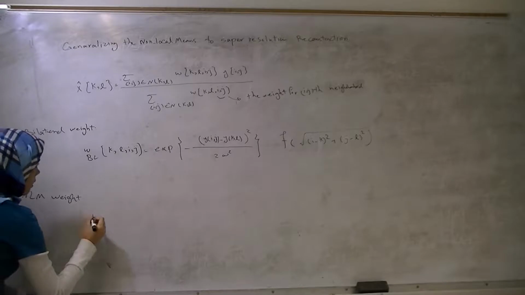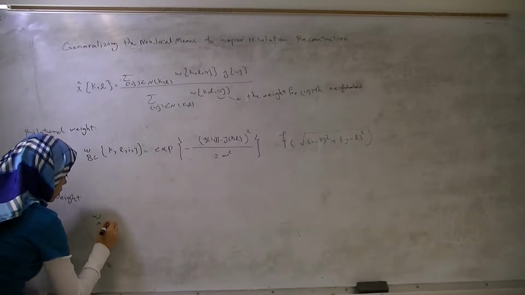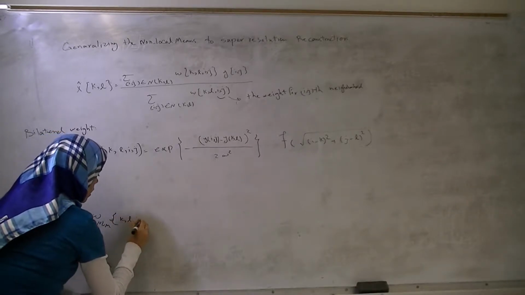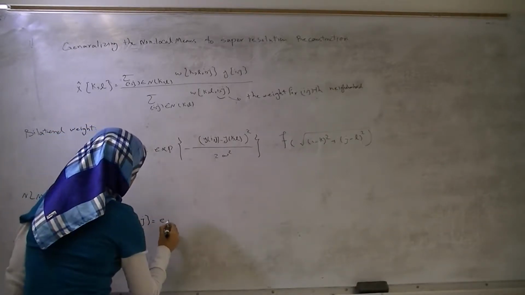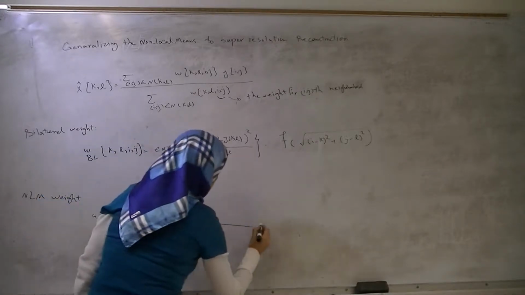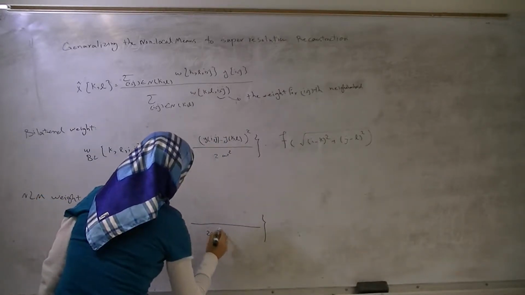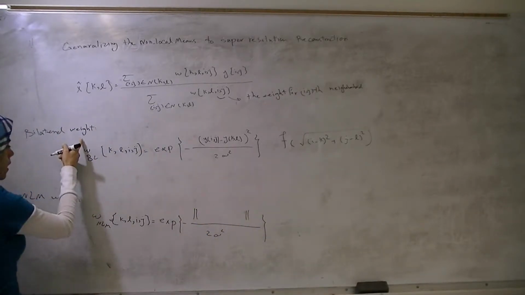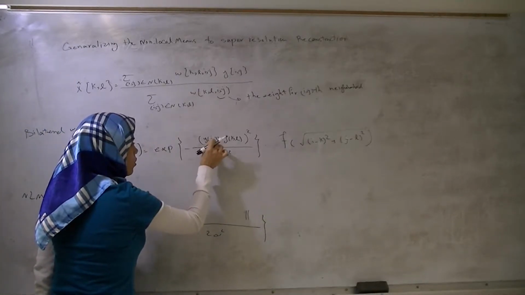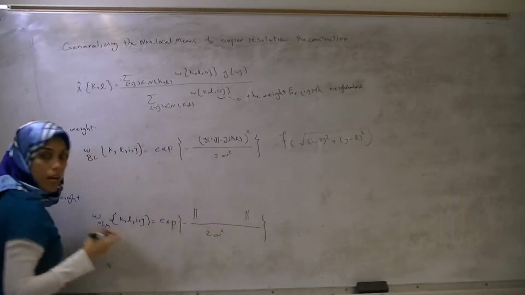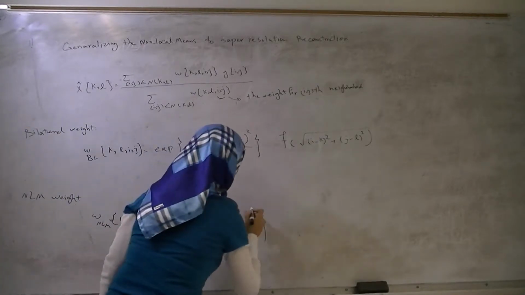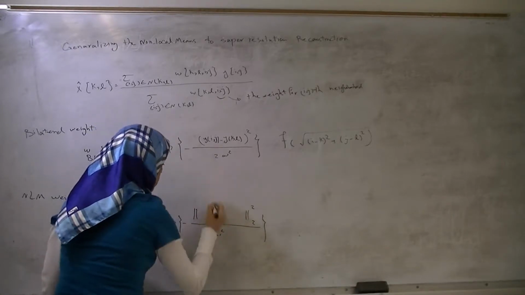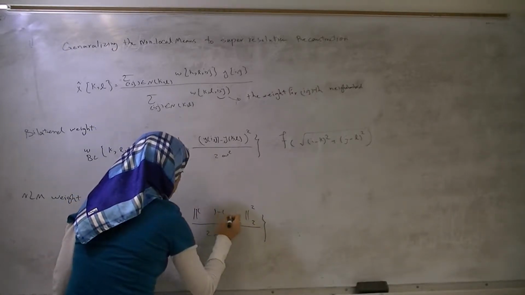For the NLM, it is similar to the bilateral, but instead of working on just the pixel, we extract the patch, and after that we find the norm 2 of this patch.